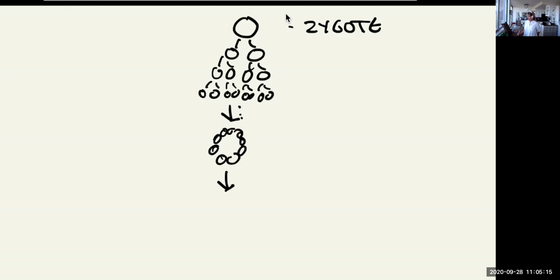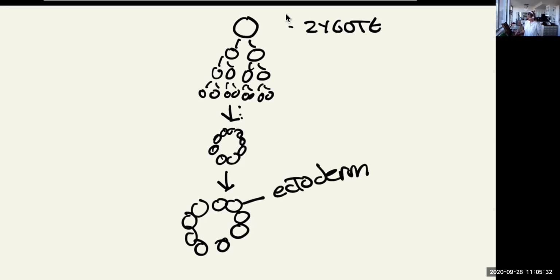The very first differentiation divides the cells into three classes. Three classes. I'm just going to draw this simply, okay? This is ectoderm. The outer layer of cells is already a little bit different from all the other cells.